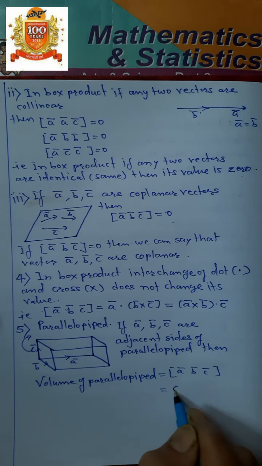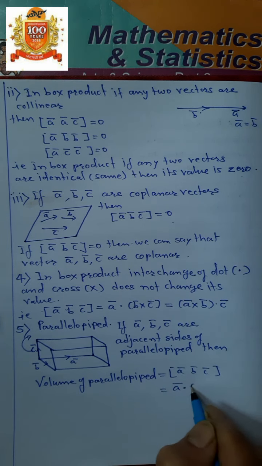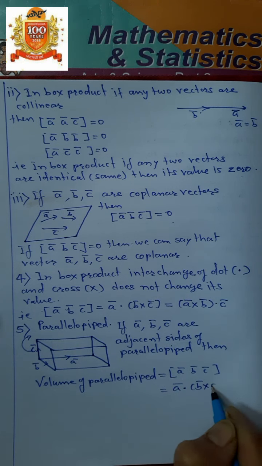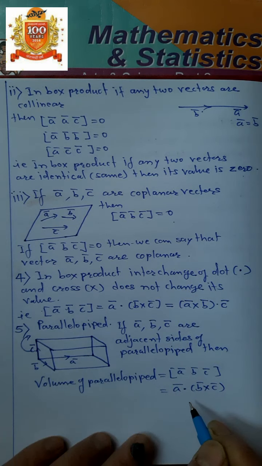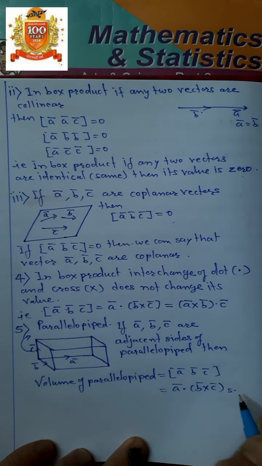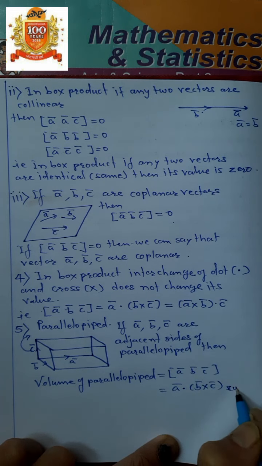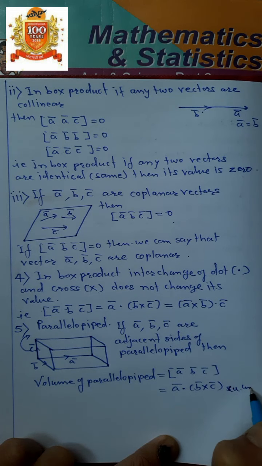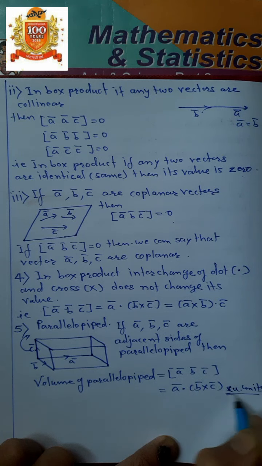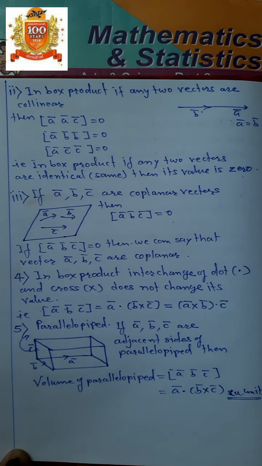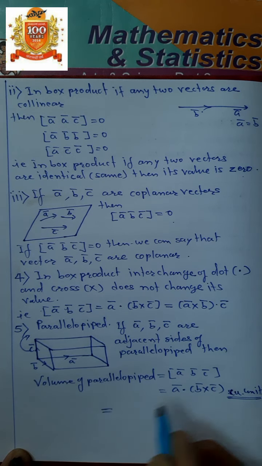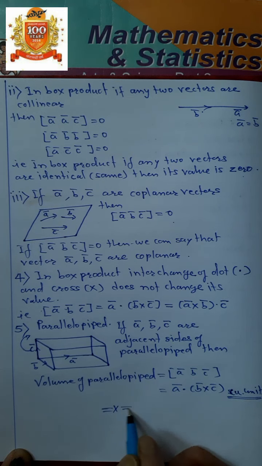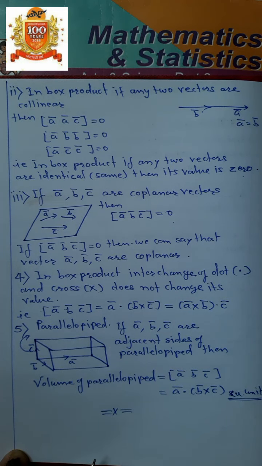That is equal to A bar dot B bar cross C bar cubic units, isn't it? By using this formula, we can find the volume of parallelepiped, isn't it?